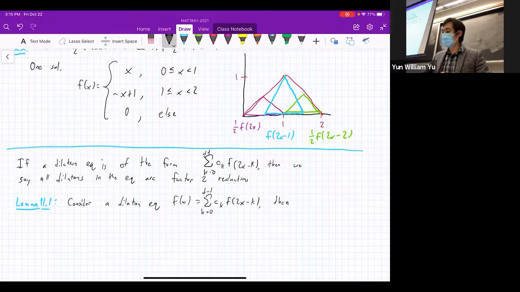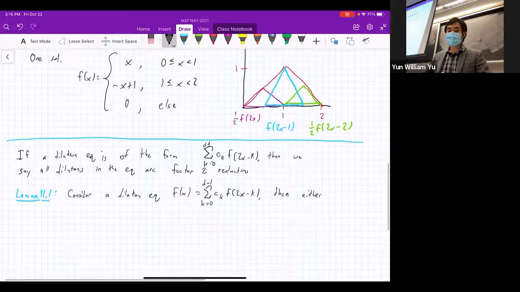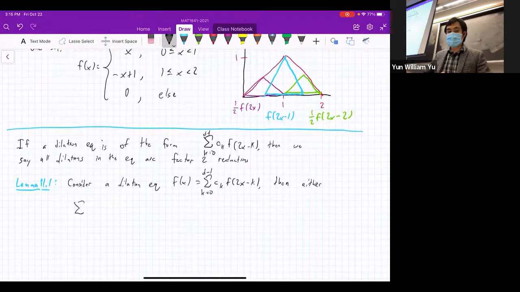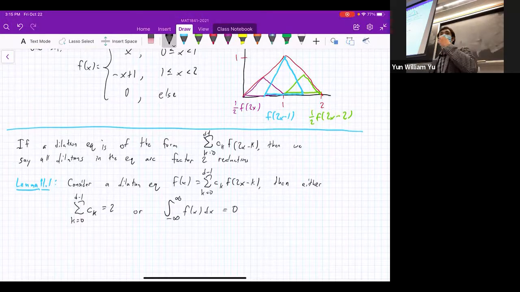Then we have that the sum of all these coefficients, k equals 0 to d minus 1, c_k, is equal to 2, or we have that the integral from minus infinity to infinity of f(x) dx is equal to 0.